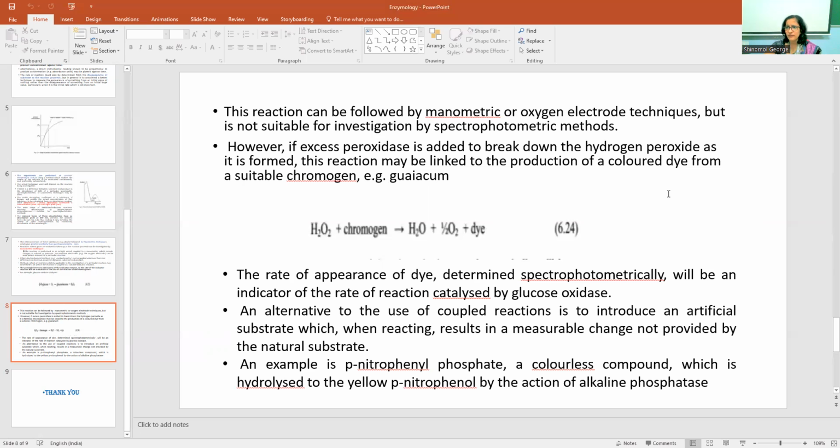This is one of the common methods that we use when you are doing your enzymology practicals also. So, in your enzymology practical class also, we have the demonstration, particularly with this para-nitrophenyl phosphate. It's a colorless compound which, when hydrolyzed, changes to yellow para-nitrophenol by the action of alkaline phosphatase.